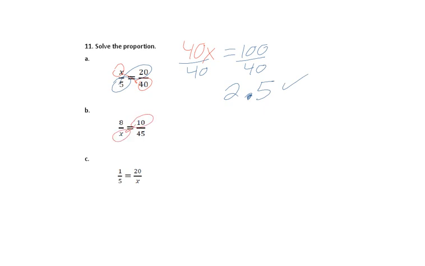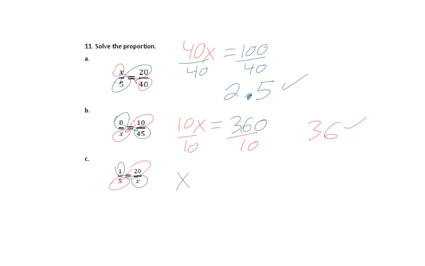Next, 10 times x is 10x. 8 times 45 is 360. Then do 360 divided by 10. The answer is 36. Part C, 1 times x is x. 5 times 20 is 100. And there you are, 100.